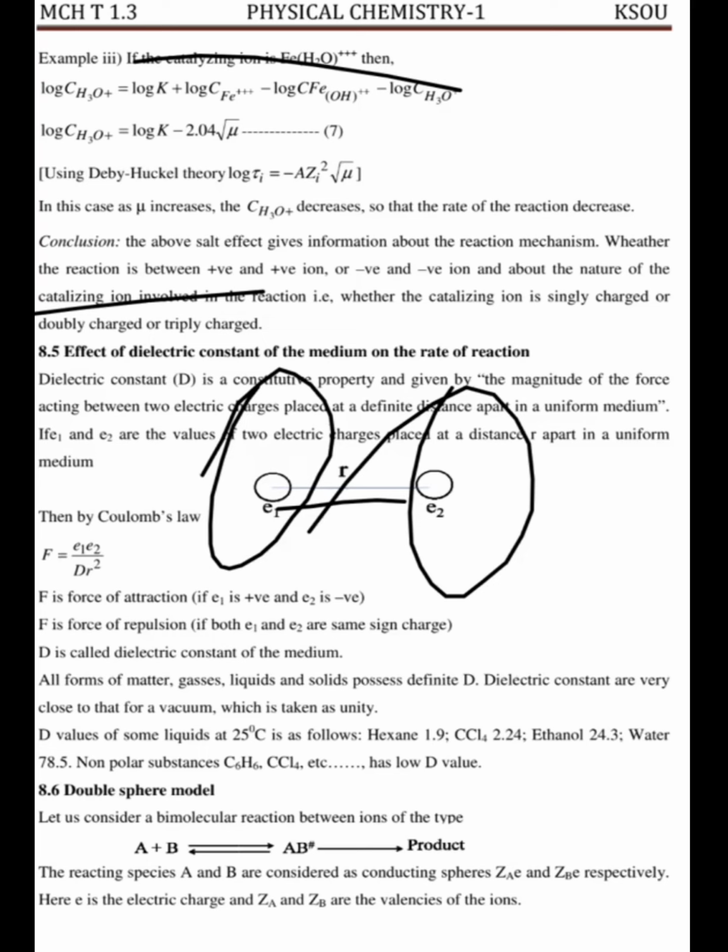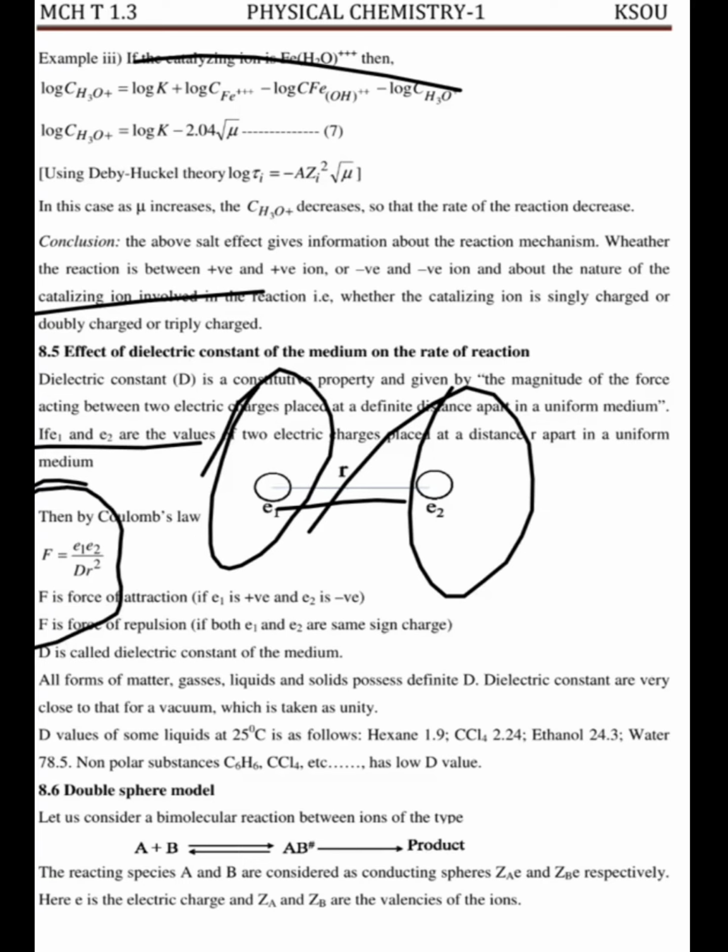So E1 and E2 are the values of electric charges of the molecules, placed at distance r apart in the uniform medium. So how are we going to calculate the dielectric constant of the medium on the rate of reaction? It can be calculated using F is equal to E1 E2 by D r square. So that is Coulomb's law.